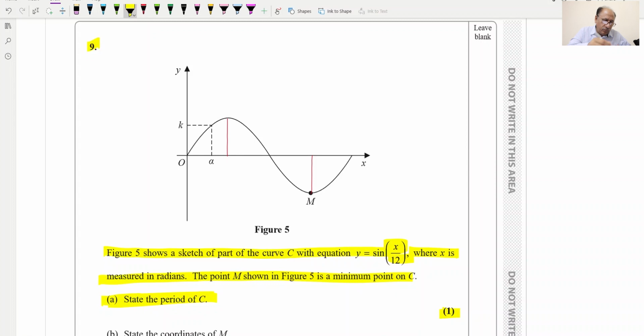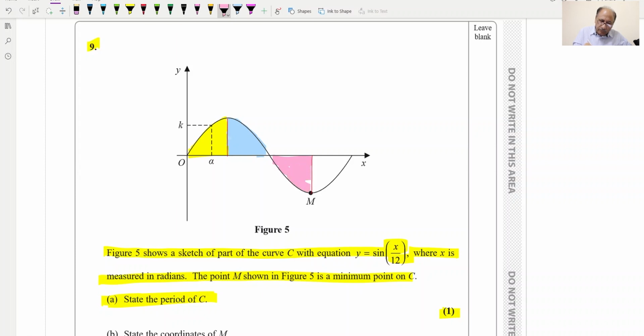So one portion will be like this, the second portion we can identify like this, and the third portion we can identify like this one.